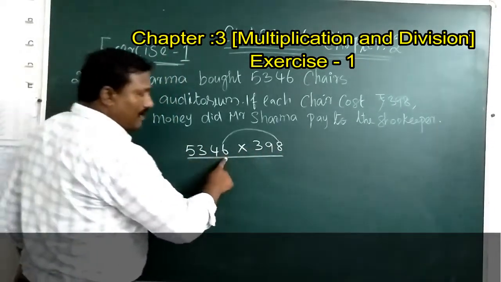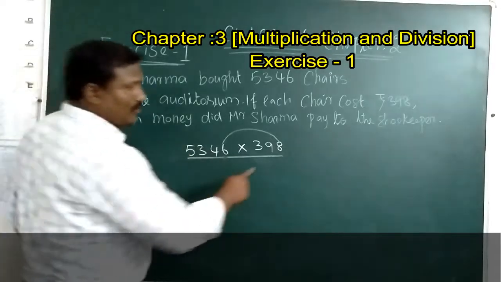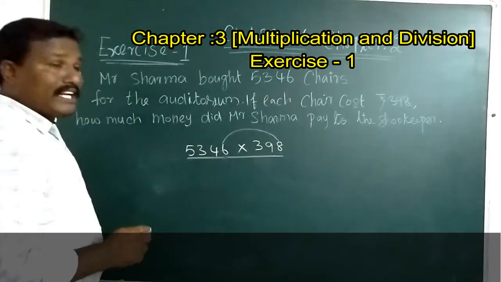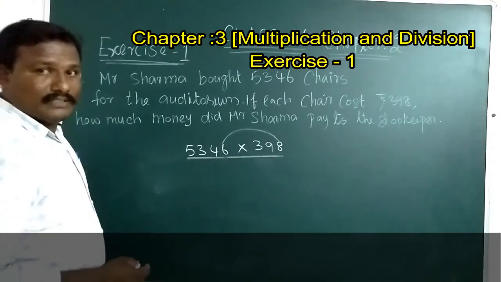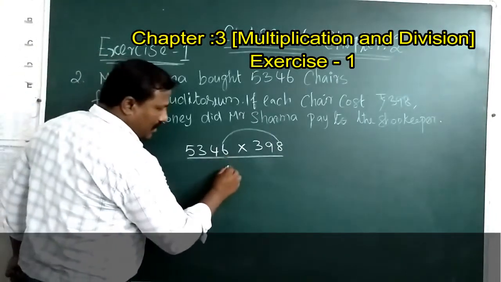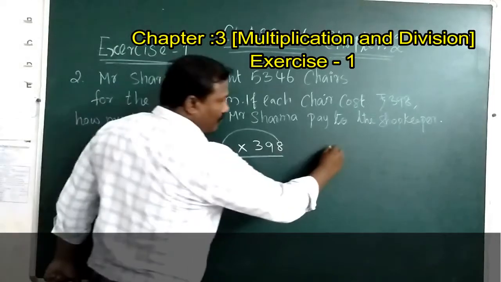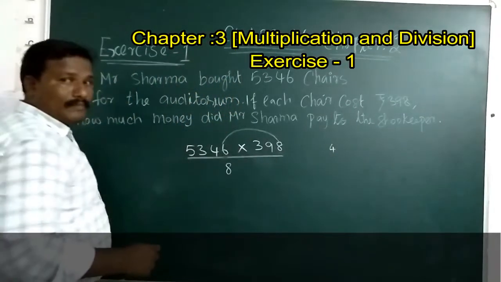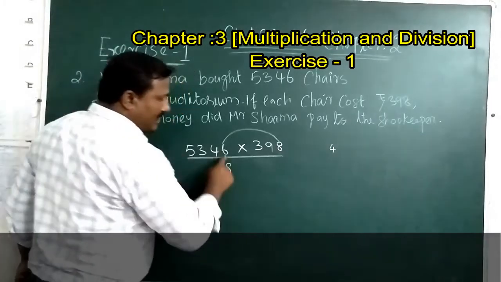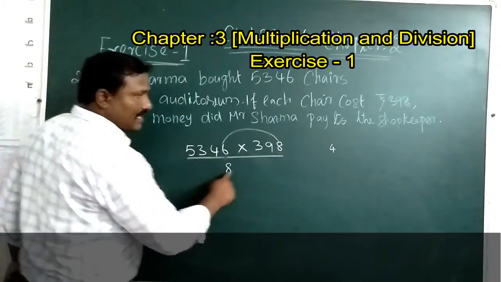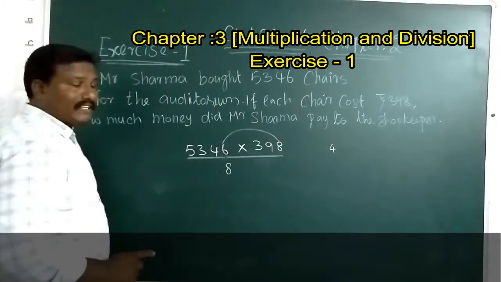So 8 into 6, 6 8s are 48. Put 8 here, below the 6, and keep 4 as a remainder.